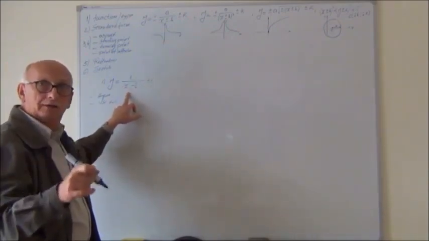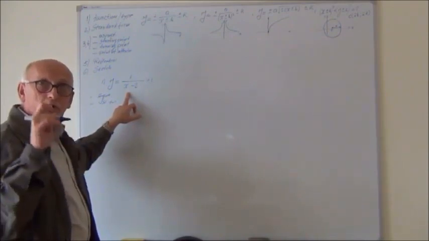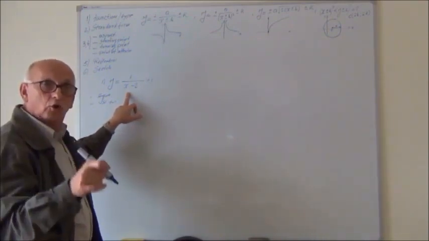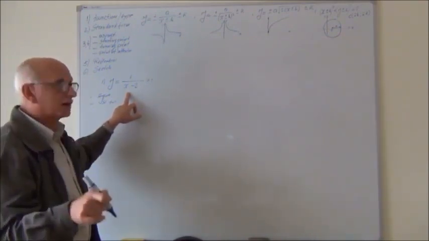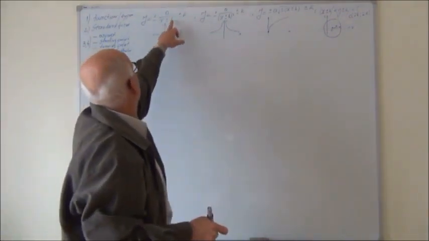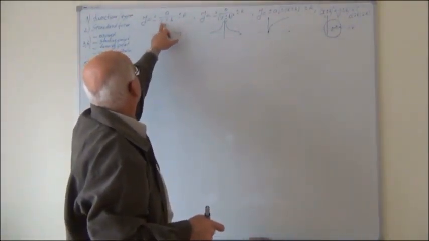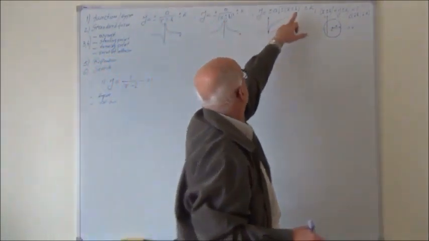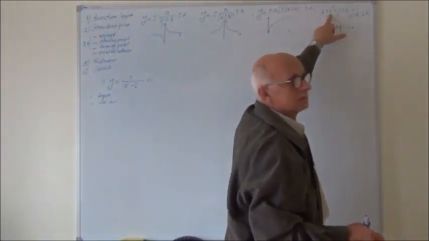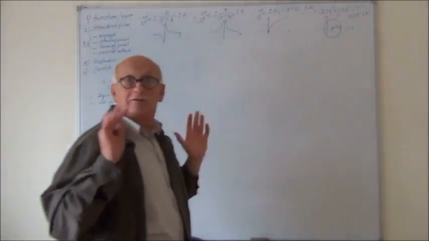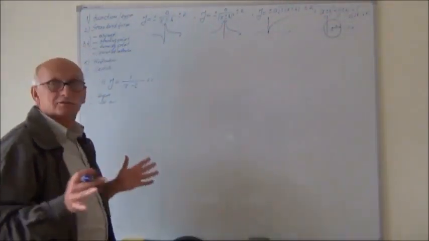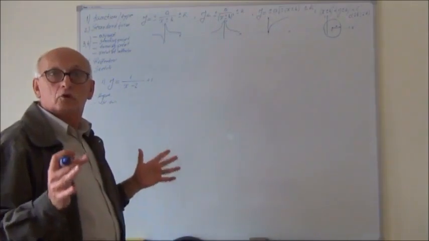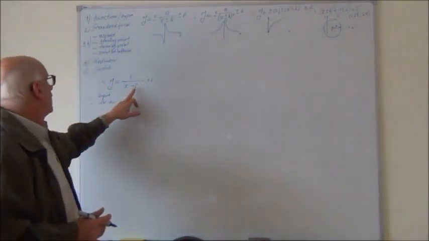Any number added or subtracted from x is always horizontal translation, in any function. So for any function, this is not hard, this is very easy to memorize and to understand.